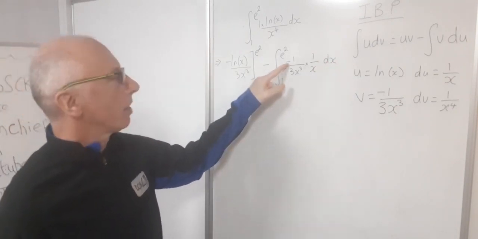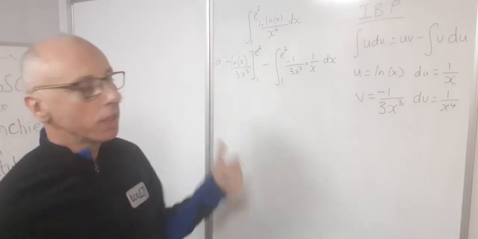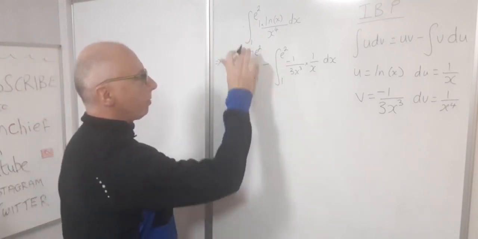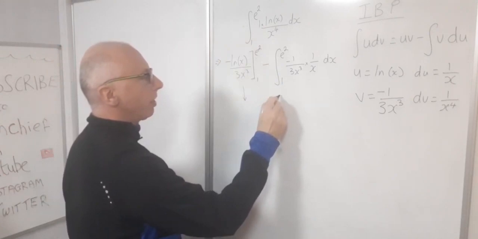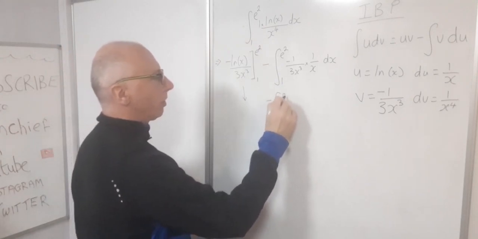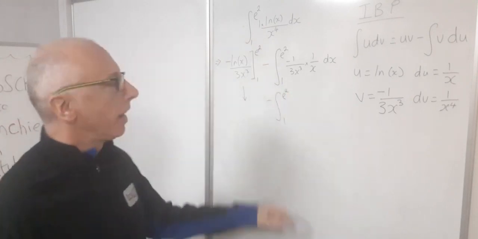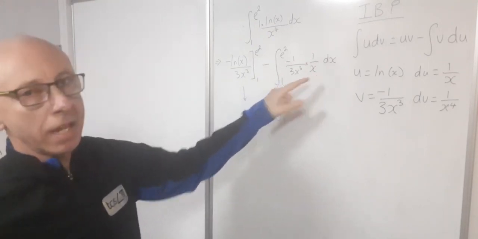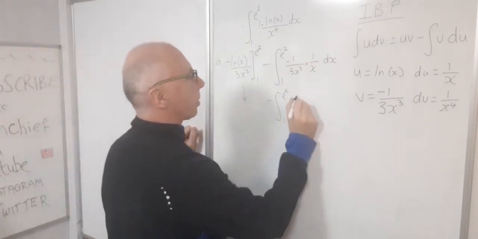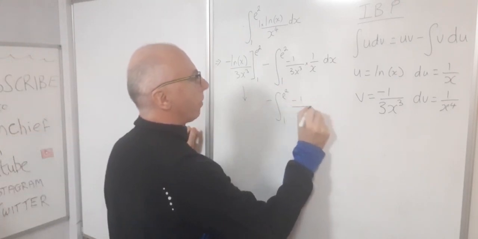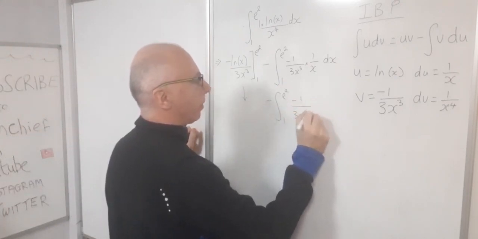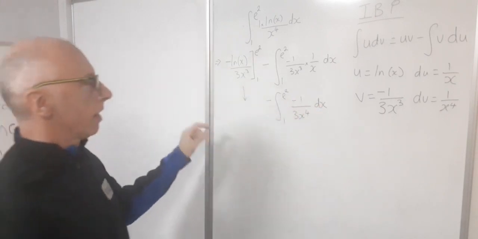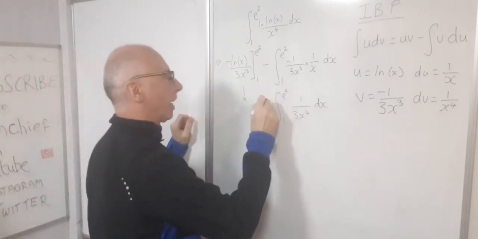We've got a couple of minus signs here, and this we can obviously tidy up. So I'm going to leave this for now, and put a little arrow to carry on. Then we've got 1 to e squared, and minus 1 over 3x cubed times x. That's now going to give us minus 1 over 3x to the 4 dx. And these two minuses cancel out, so that's going to now give me a plus.